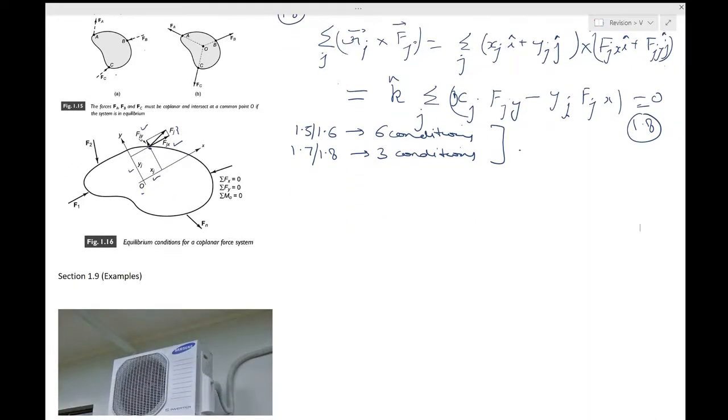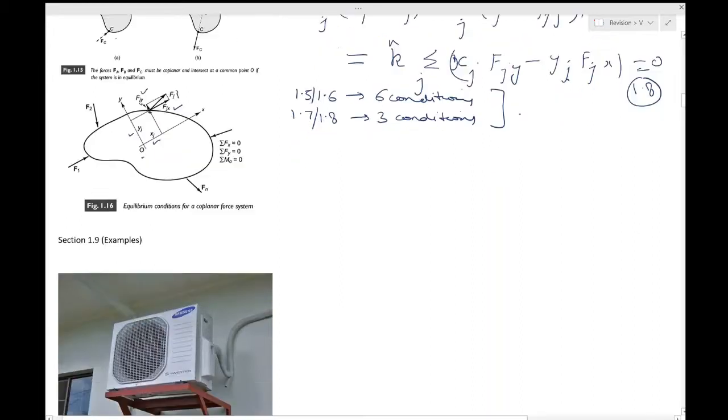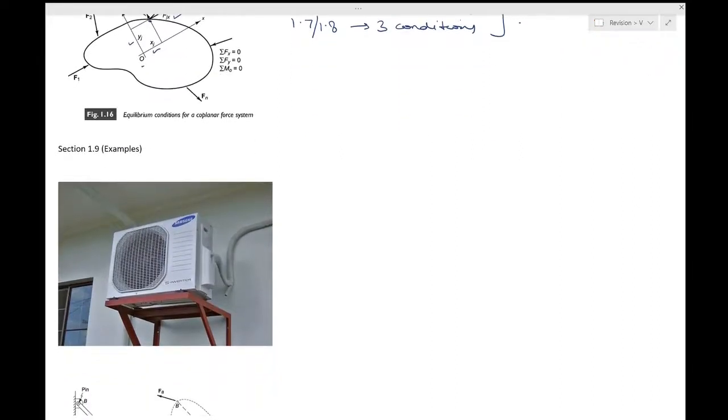So let's now take up an example which we can study. The site which you see over here is something which you may have seen at some point in your life.